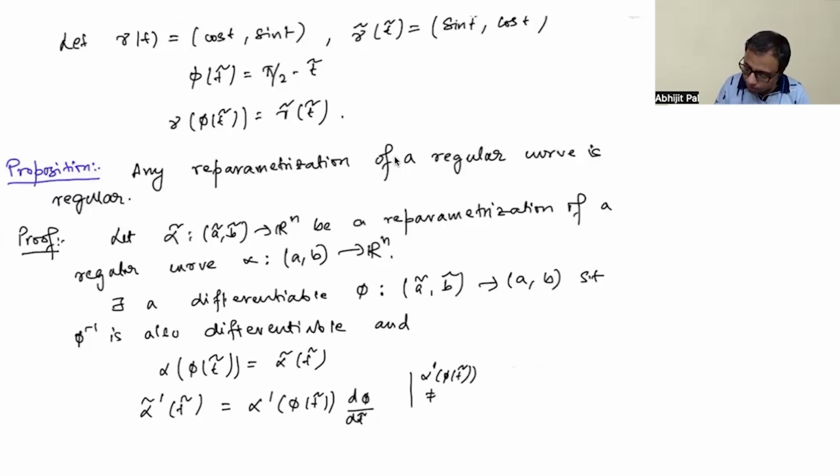So this also tells that the derivative of phi cannot be 0. So this tells that alpha tilde prime of t tilde is not equal to the 0 vector. Therefore this alpha tilde is regular.